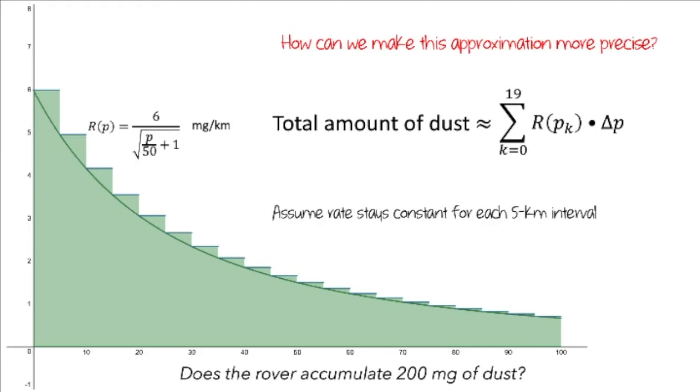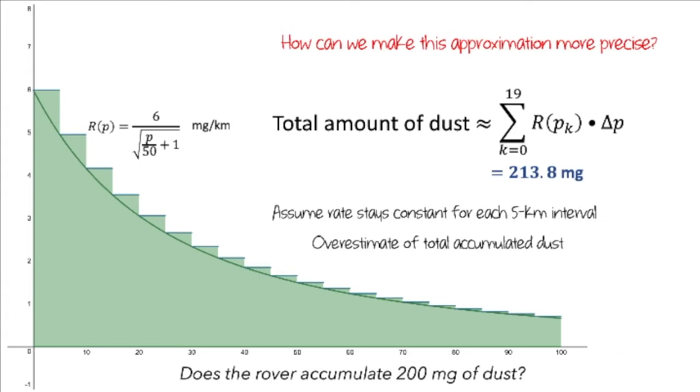Like before, we'll add up the amount of dust that has accumulated in each interval. This time we'll get 213.8 milligrams of dust. Also, like before, this is an overestimate of the total amount of dust that actually accumulates. However, we're only assuming that the rate stays constant over each 5-kilometer interval and not over the 10-kilometer intervals, so this should make our approximation more precise.